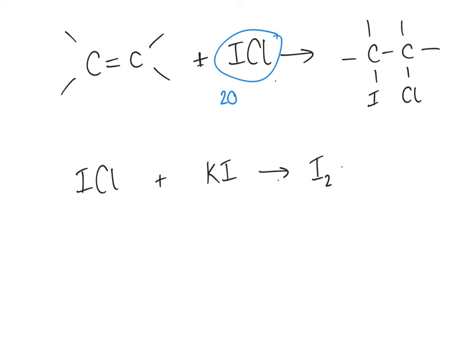We get iodine, I2, and potassium chloride. Iodine is something I can titrate. So I then take this. Do you remember what I titrated against? Good, sodium thiosulfate. So we just normally represent it by the thiosulfate ion.